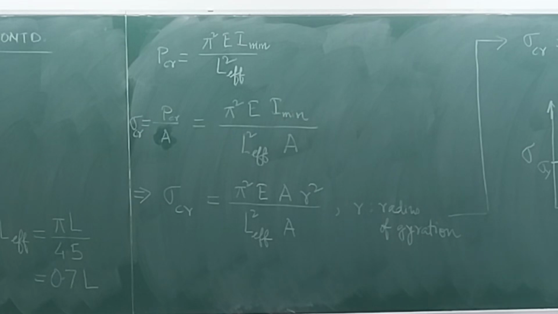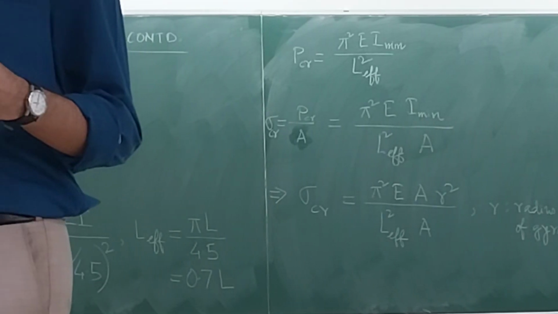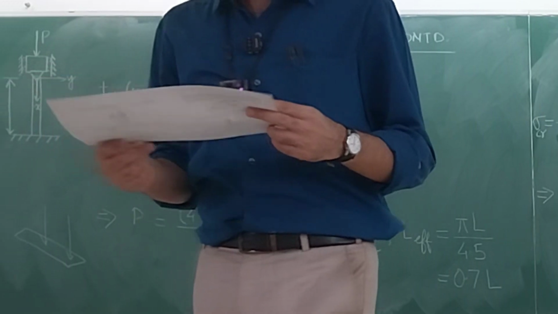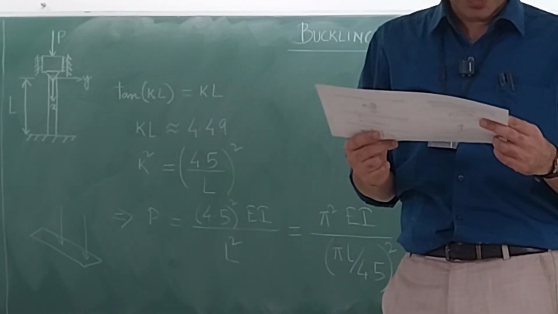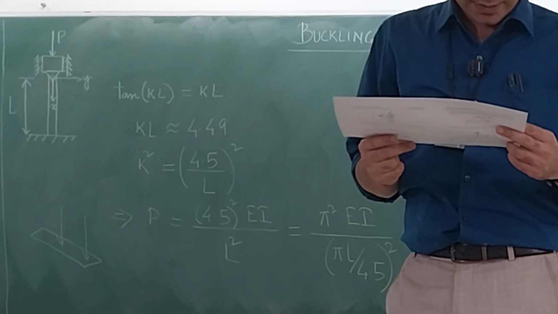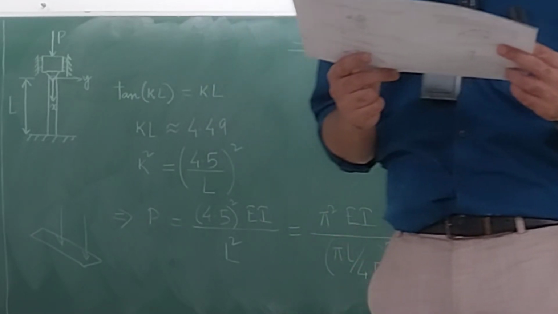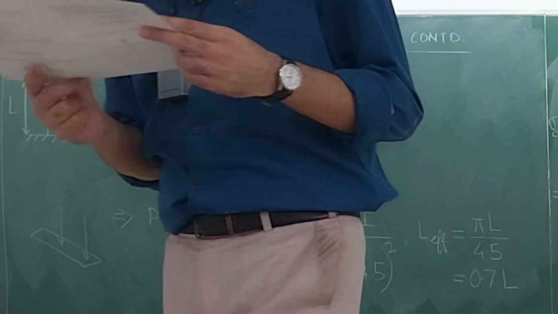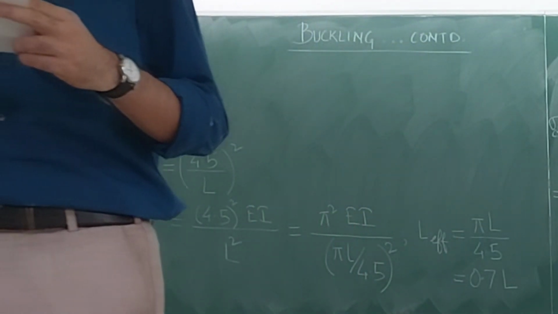So all of you take a look at question number 3. Tutorial sheet 5, question number 3. The uniform brass bar AB has a rectangular cross section and is supported by pins and brackets as shown.